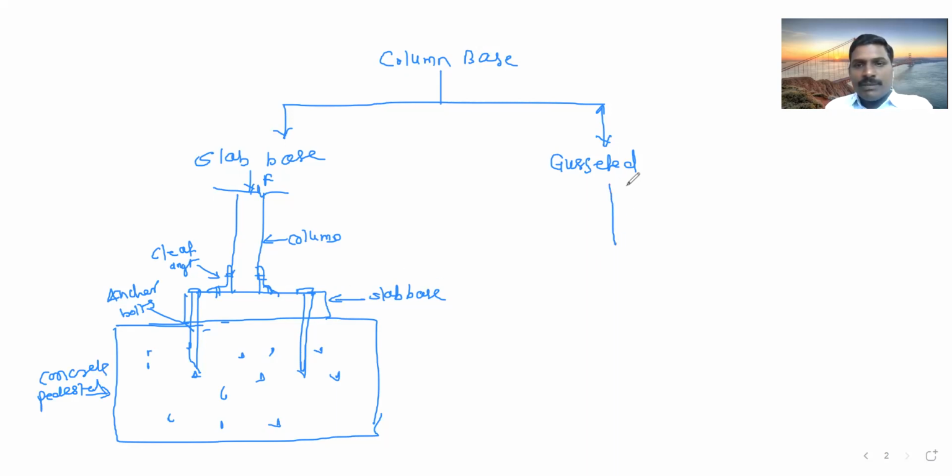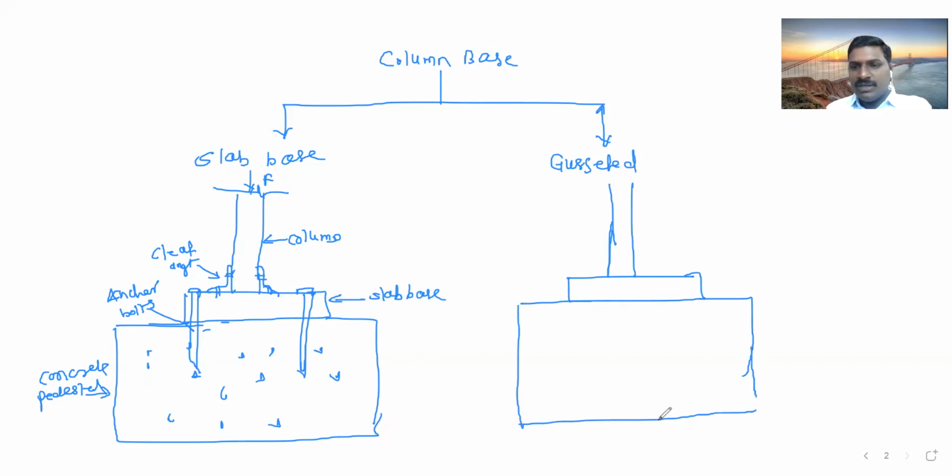Now the only difference between the gusset base and the slab base is this. I'm drawing the same sketch with only one difference. This is your column, and to this column, plates are provided vertically, and after these plates, angles are provided here.